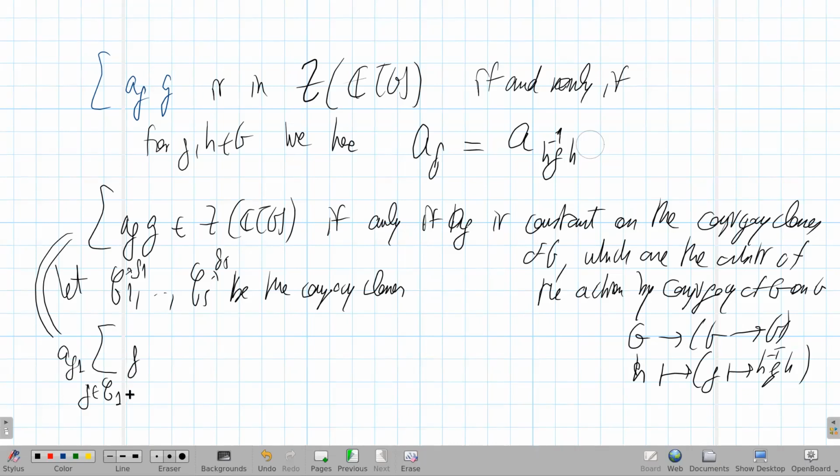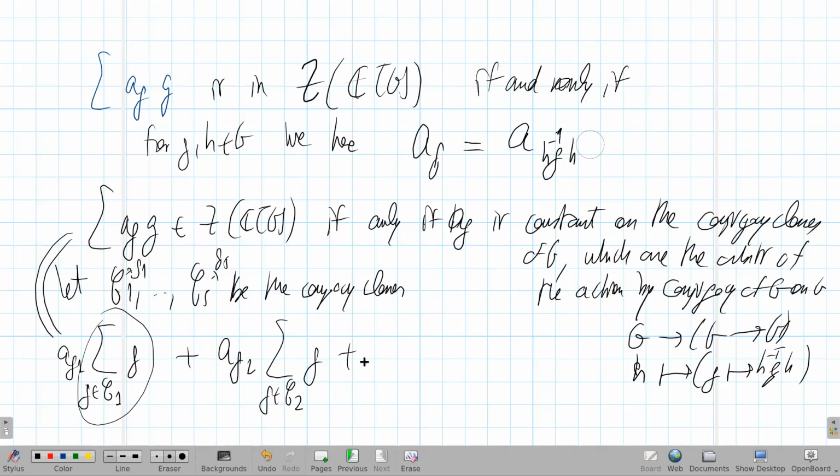And then I have the sum over the conjugacy class, plus I take the second conjugacy class, where the element here is constant. So if G2 is an element of the second conjugacy class, I can pull it out and I will have the sum for G in the second conjugacy class and so on.